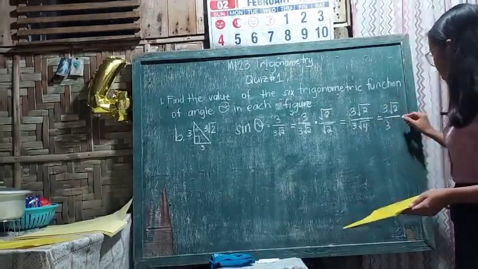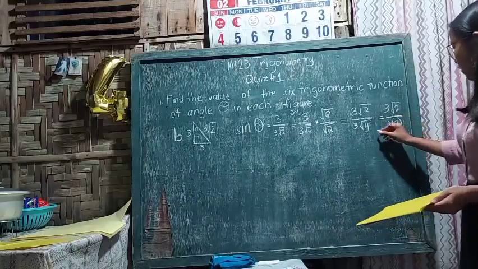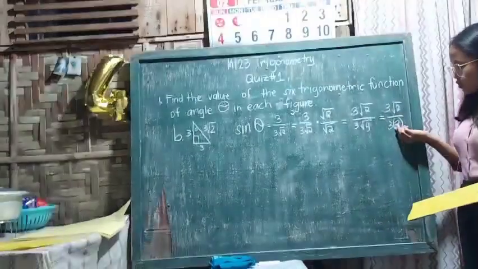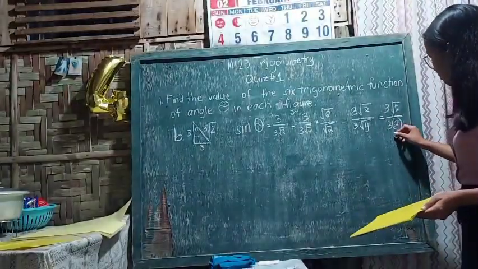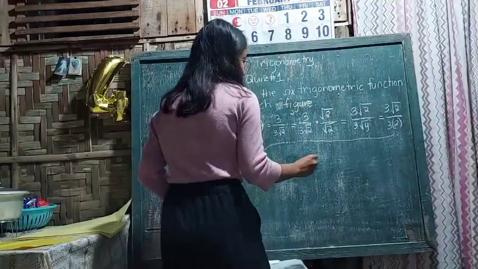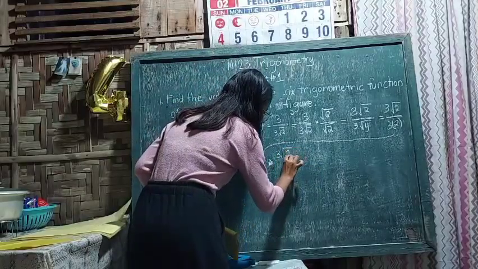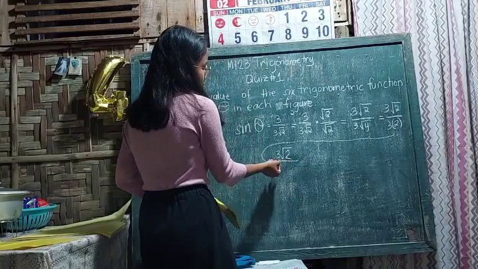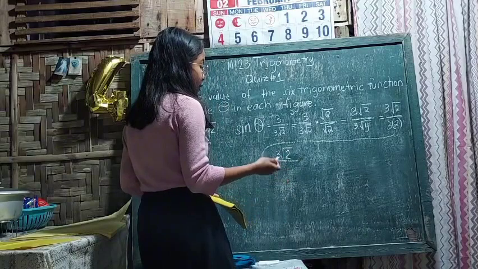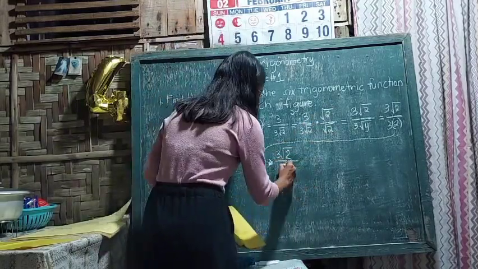So we are going to substitute the value of 2, so it would be 3 times 2. Let's still copy the numerator, square root of 2, since we can't really do something about it because 2 is not a perfect square. So 3 times 2 for the denominator would be 6.